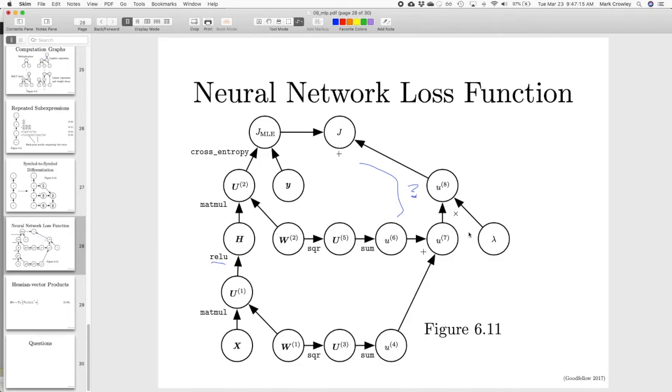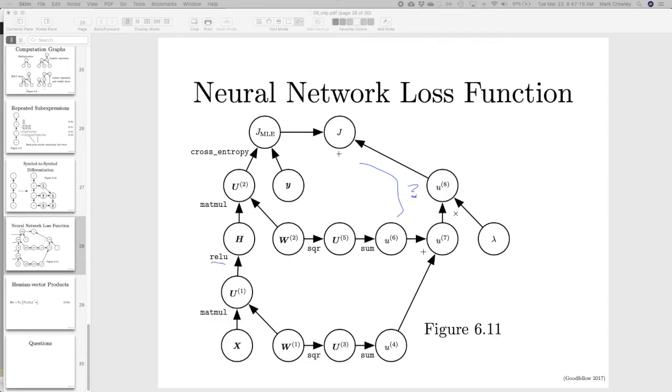I don't know. Okay. See if I can just find that figure quickly, and I might just explain it. Oh, there we go.